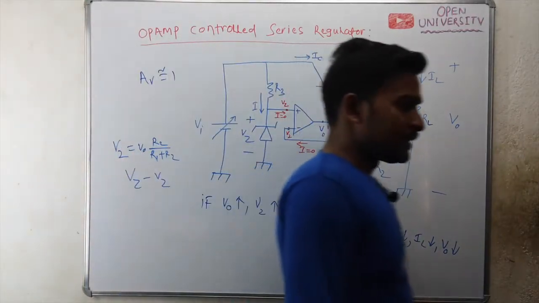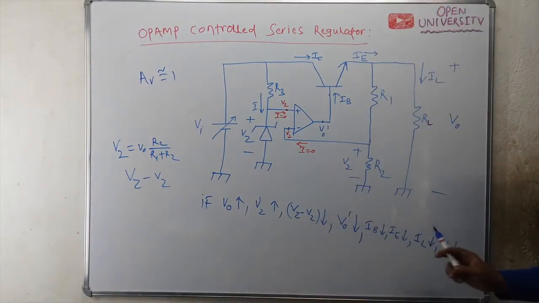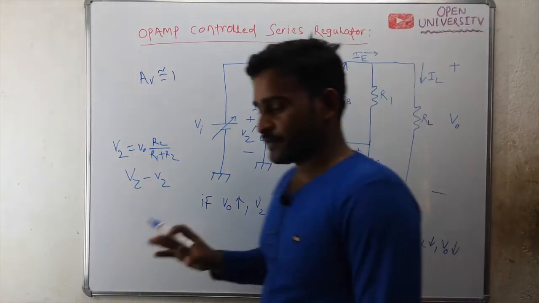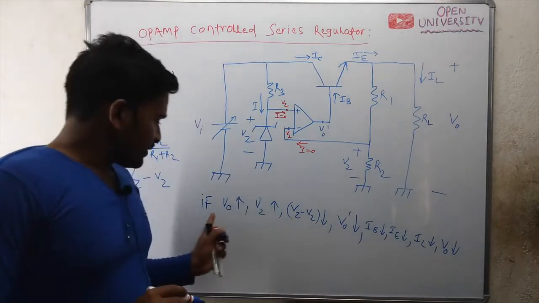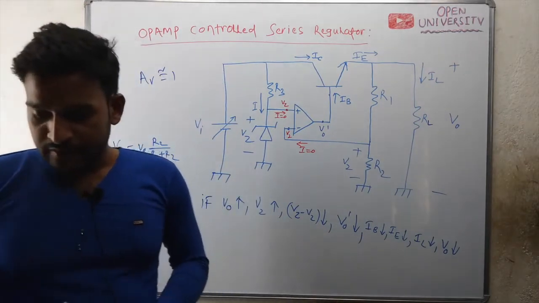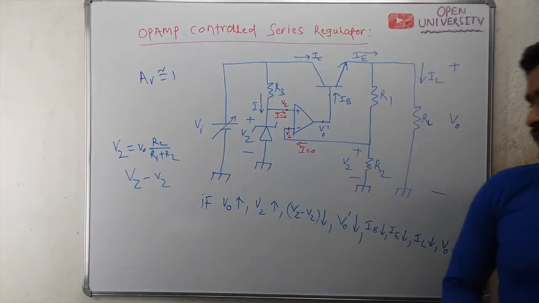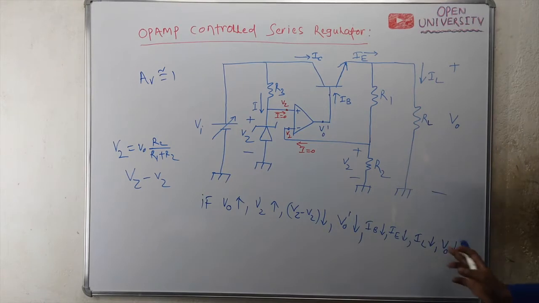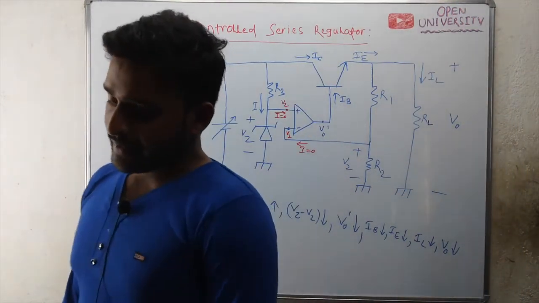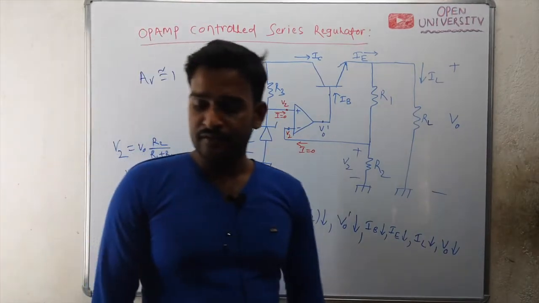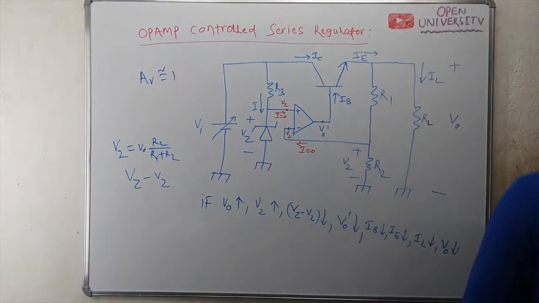So write down this point. The initial increase in V0 gets approximately cancelled by a decrease in V0.